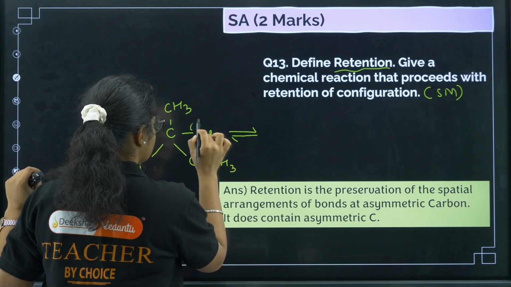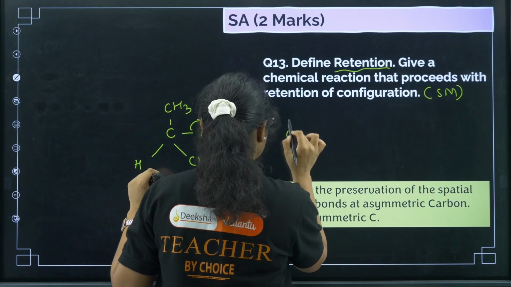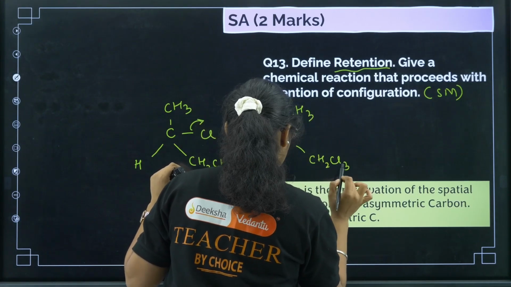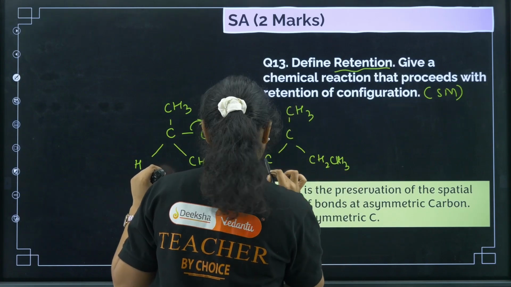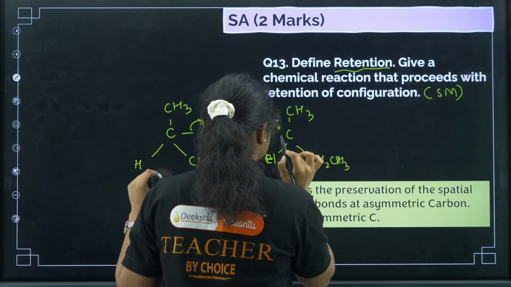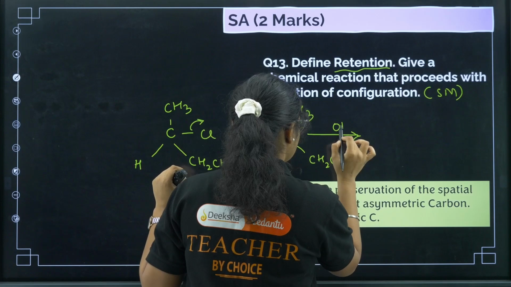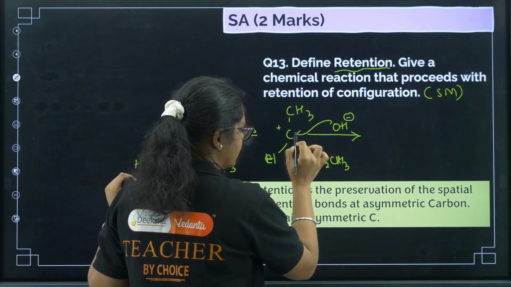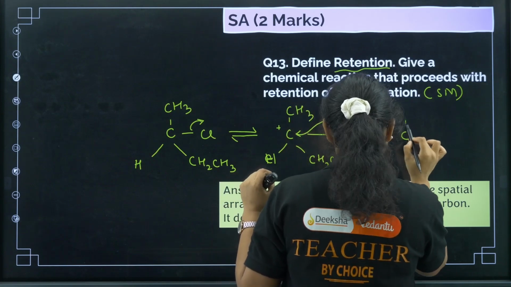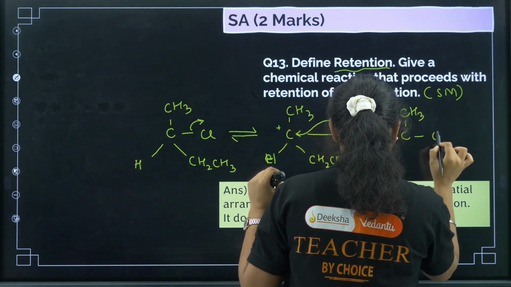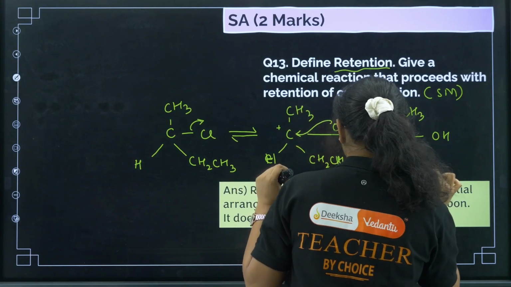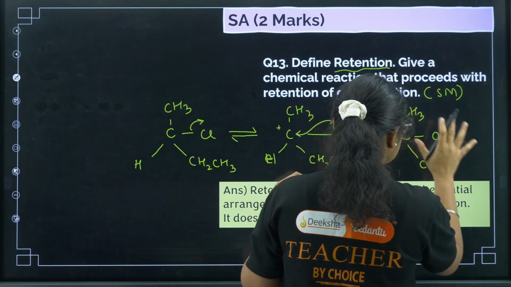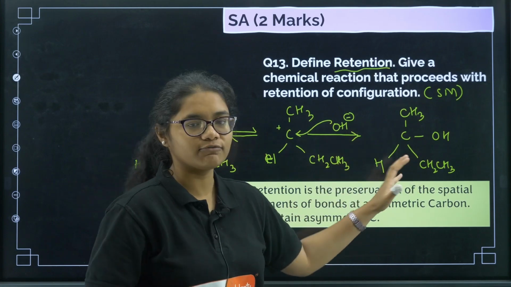Okay, so at the first step what will happen? Chlorine will come out. So we will get C, CH3, CH2, CH3, and H. Okay, now this is plus charge. Now this OH minus can attack from this side also, can attack from this side also, but if it attacks from this side, then what I'll get? C, CH3, OH, and we have CH2, CH3, and then H, right? So this is your retention of configuration.